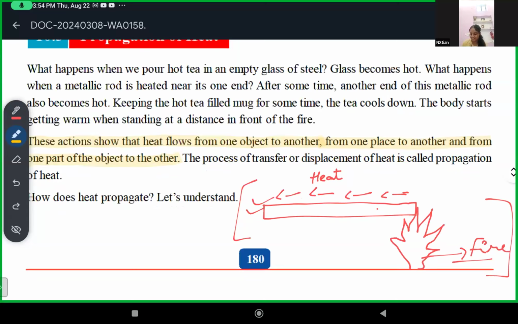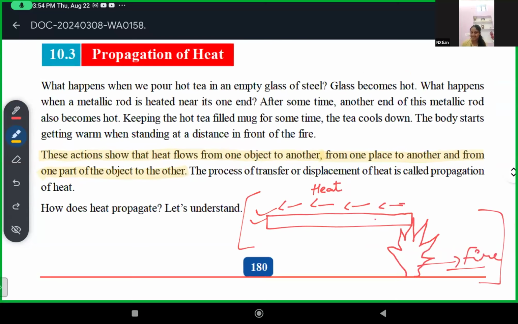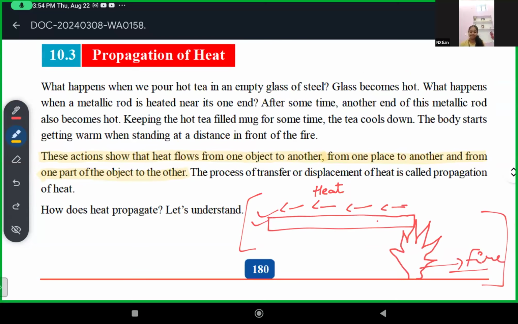Yeah, and the law was that when two objects are making physical contact with each other... Is it the zeroth law of thermodynamics? No, the first law. The first law of thermodynamics.